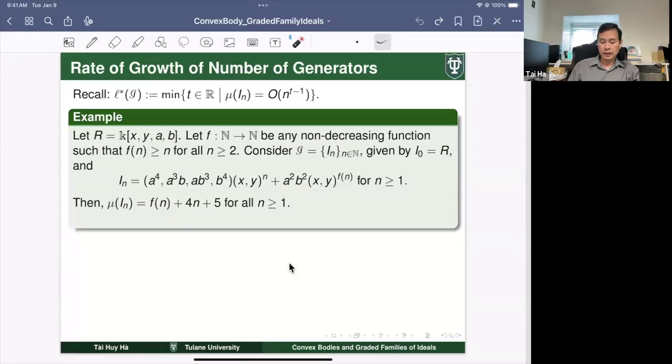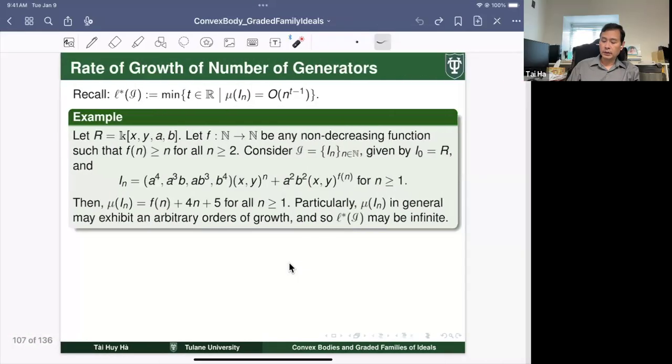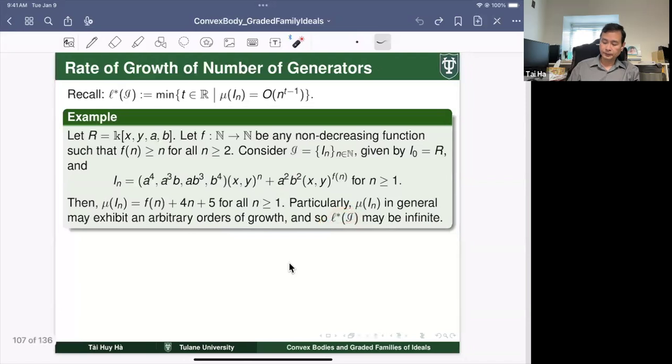Then one can compute that the number of minimal generators of I_n is just f(n) plus 4n plus 5. Because f(n) can be chosen quite arbitrarily, that basically says that the number of minimal generators can have arbitrary growth. So that's why this could be infinite.